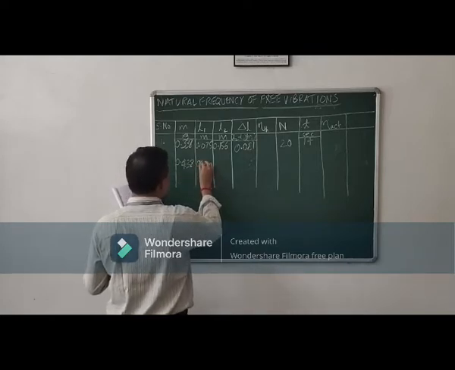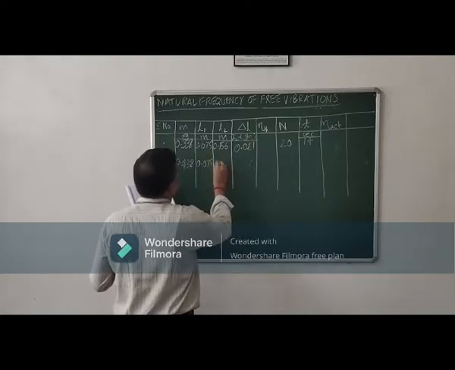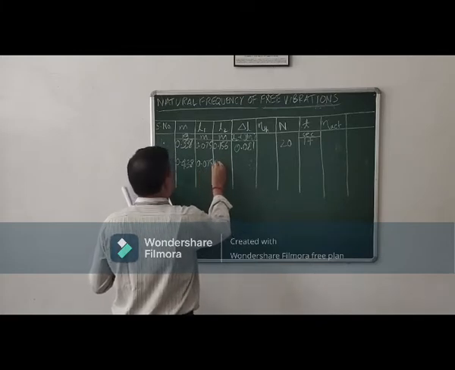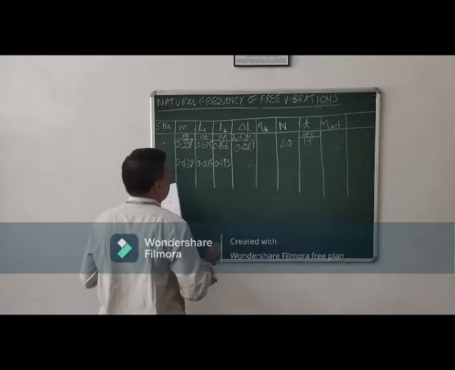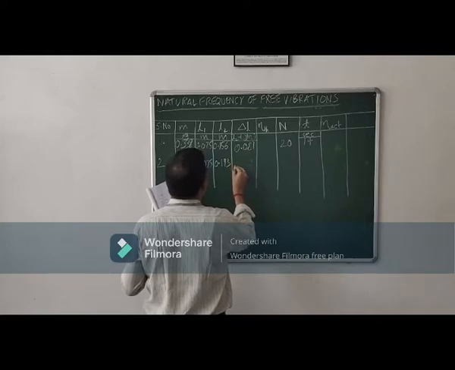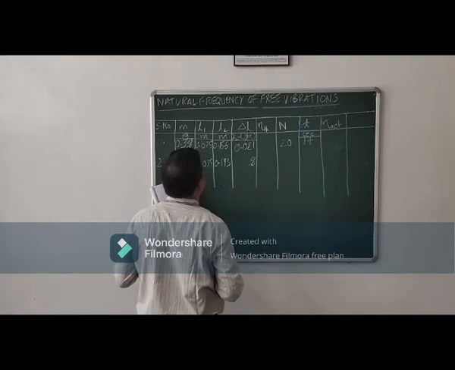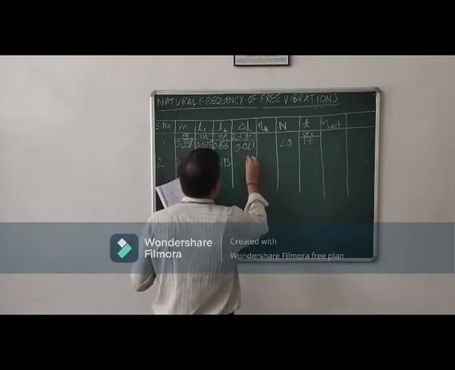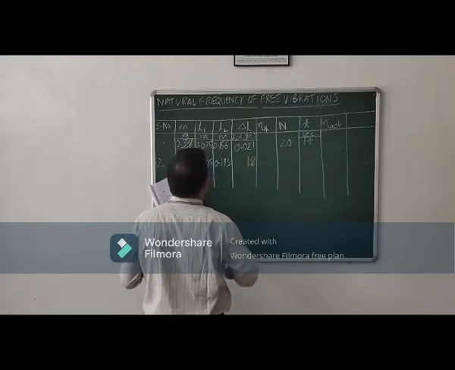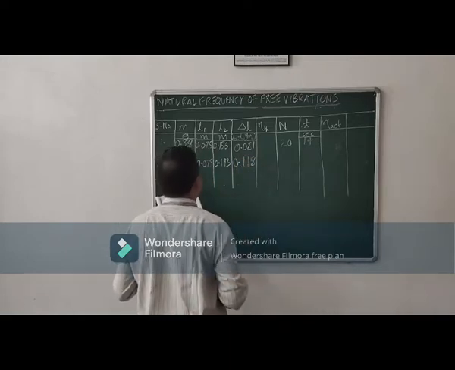L1 is the same, that is the unstretched spring length, okay. And after attaching the mass, L2 is 0.193, okay. And if you calculate L2 minus L1, that is 0.118 meters, okay.